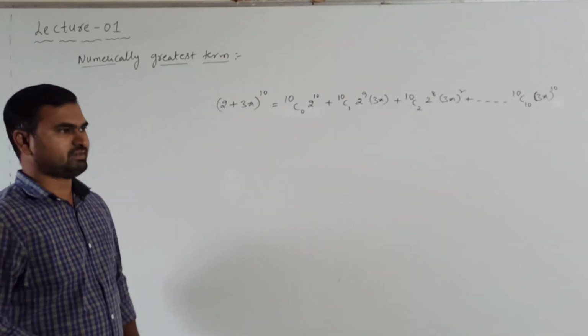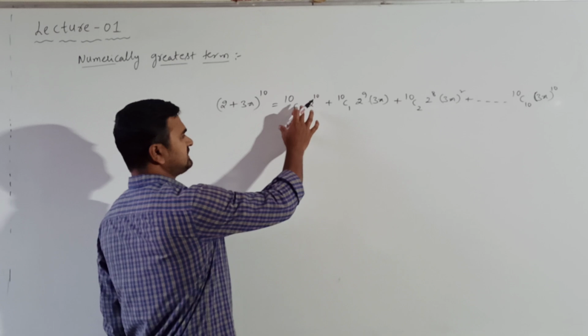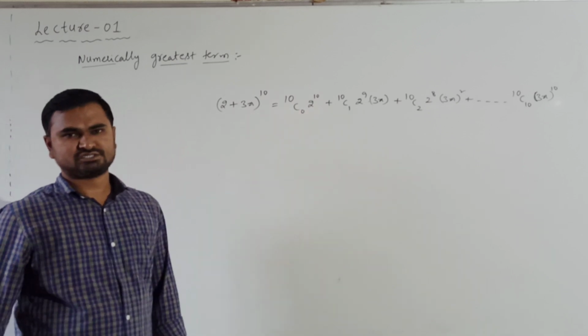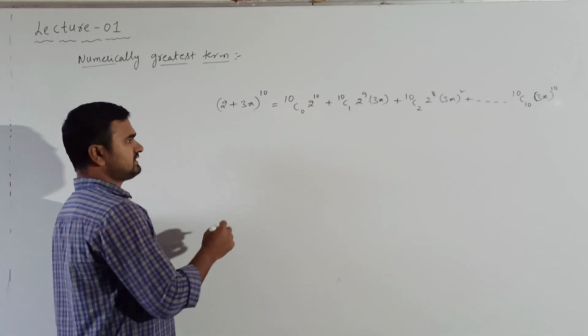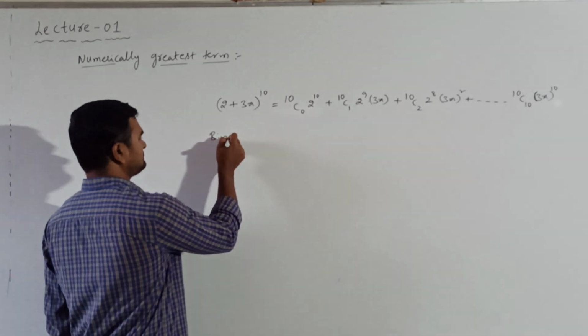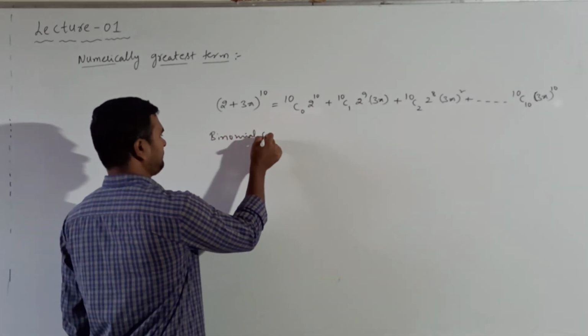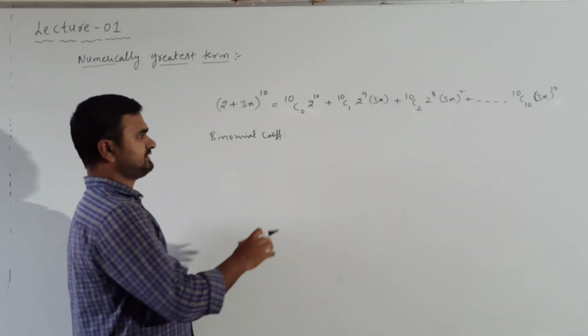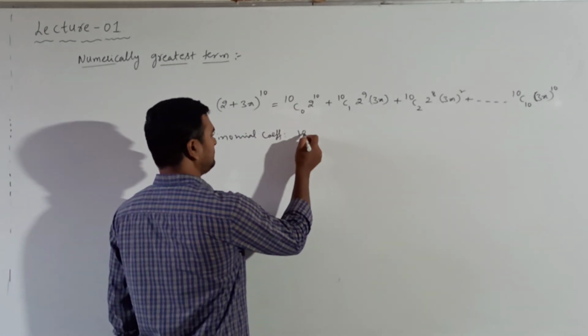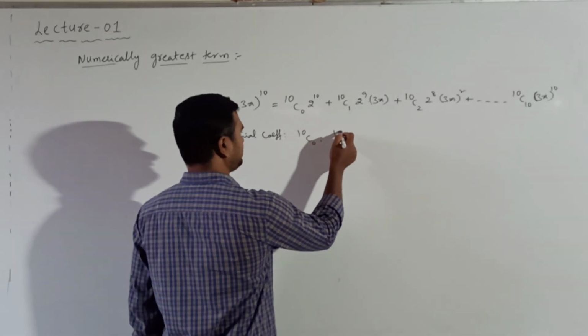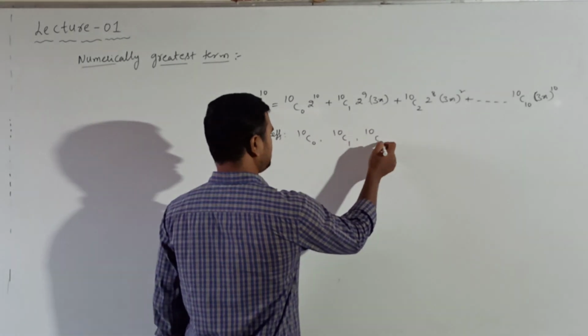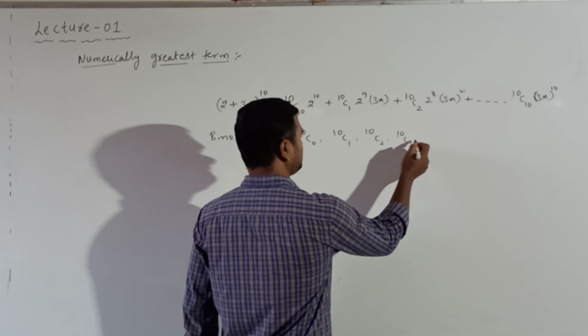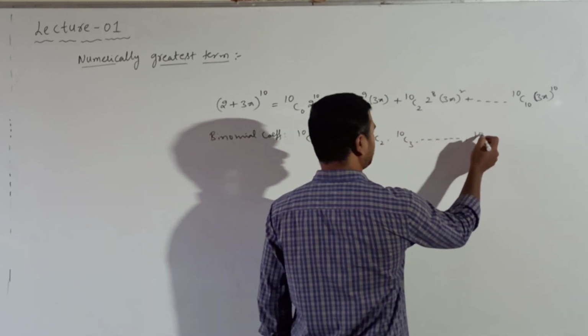Now in this expansion, if I am interested in binomial coefficients, binomial coefficients means we take only 10C0, 10C1, 10C2, 10C3 up to 10C10.